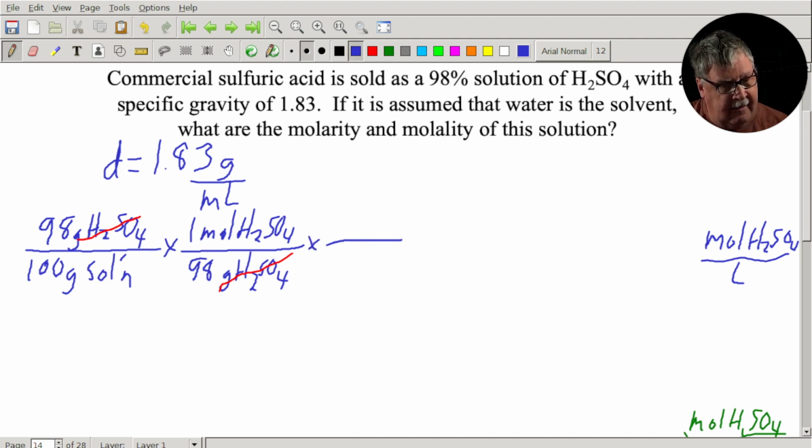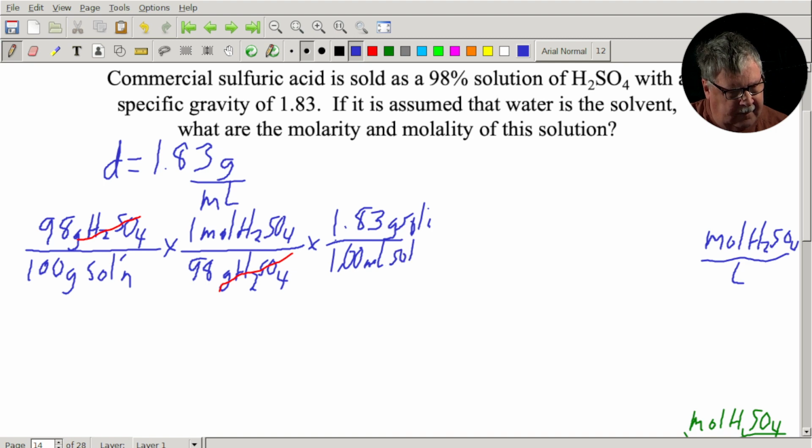If I multiply this by the density, then that's going to give me the units moles of solute per milliliter of solution, okay? Because now grams of solution will cancel.